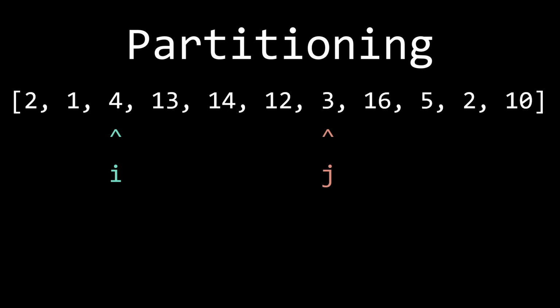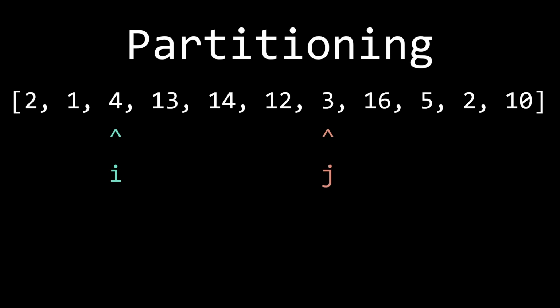As you can see, before when I was running this partition function, the index of j was at the 12, but I moved it over by 1, as we would have done with j++. Once j has incremented to the 3, previously it was the 12, the two conditions are not satisfied anymore.